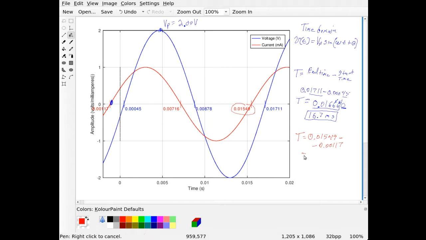If we punch that in the calculator, because I want to know exactly what it comes out to be, 0.1549 minus a minus, there are two minuses, so that makes it a plus.